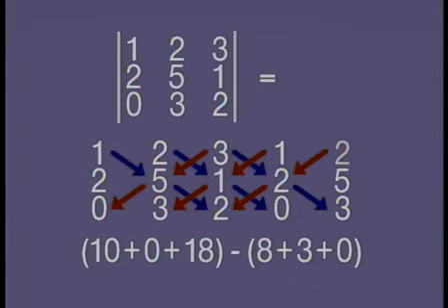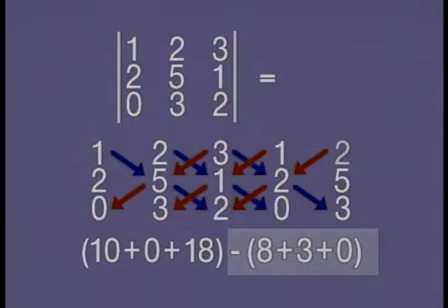Then, using red arrowed lines, red diagonals, if you will, as opposed to the blue that we used first, we go back from upper right to lower left, starting in the extreme upper right. And we get 2 times 2 times 2, which is 8, plus 1 times 1 times 3, which is 3, plus 3 times 5 times 0, which is 0.